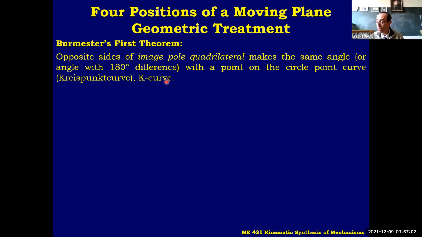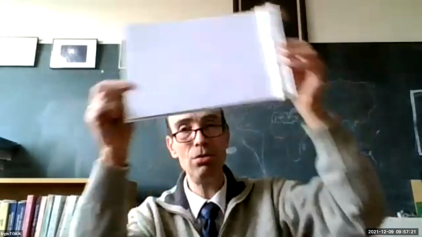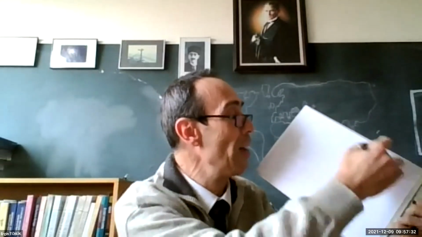Let me try to explain it. Suppose this is my plane with 4 positions, like in my very first slide, okay? 1, 2, 3, 4, which are defined by 6 poles. Now, if it's in position 1, suppose this is my K curve.